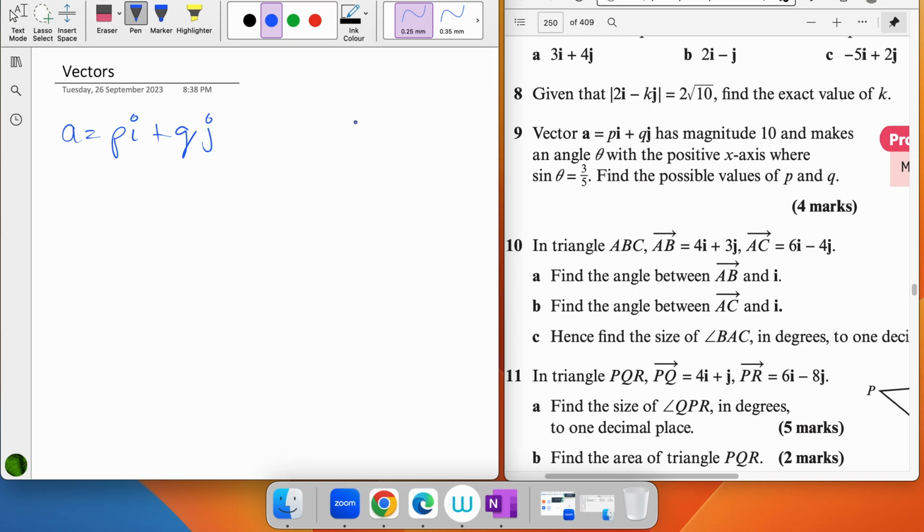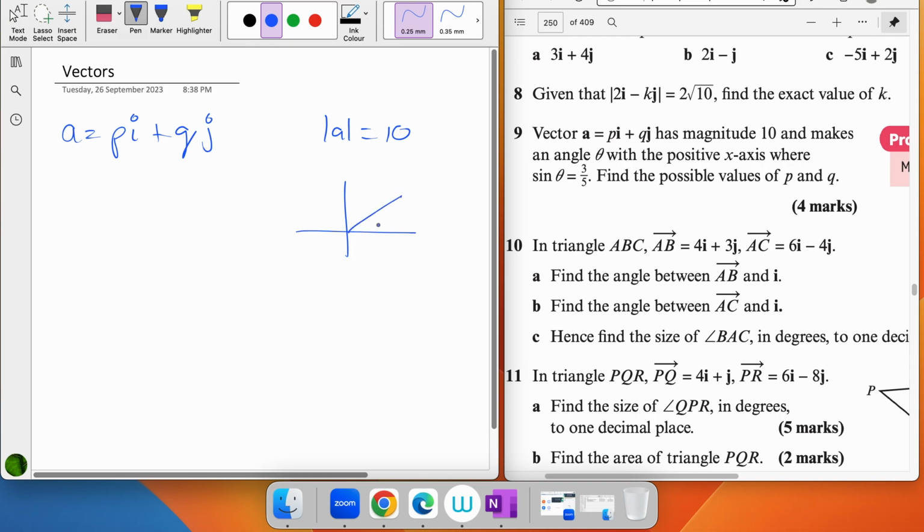It has a magnitude of 10. Magnitude of A is equals to 10. An angle theta with positive x-axis. So wherever it is with positive x-axis, this is theta. And we are given with sine theta is equals to 3 by 5. Find the possible values of P and Q.